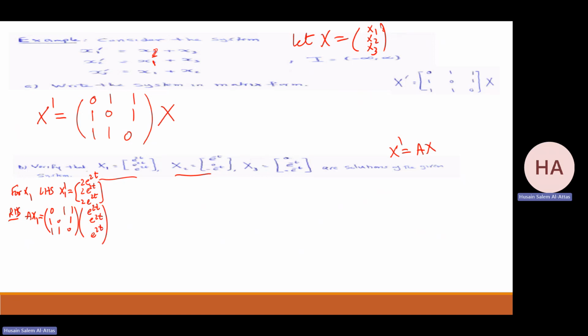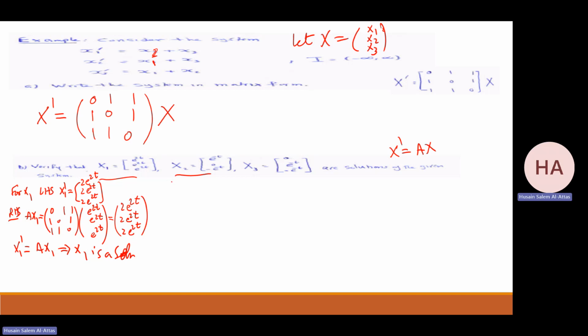I think this question explains what we have in this section. That will be 0 plus 2, 1 plus 1, that is 2e^2t, 2e^2t, and the last one 2e^2t. Very clear, x1 prime equals A x1. So x1 is a solution.